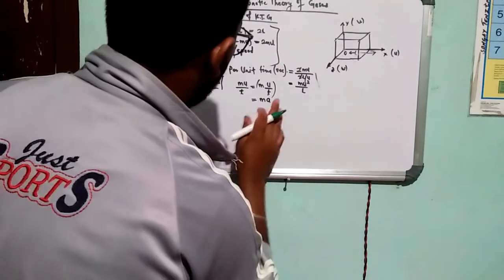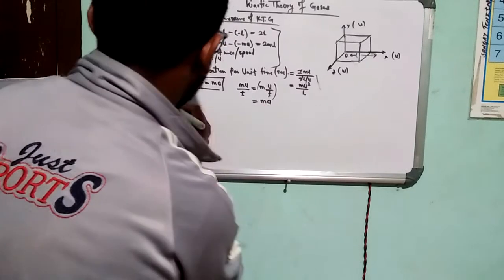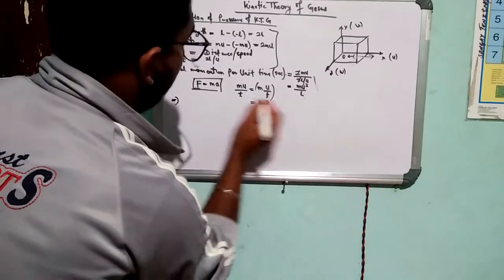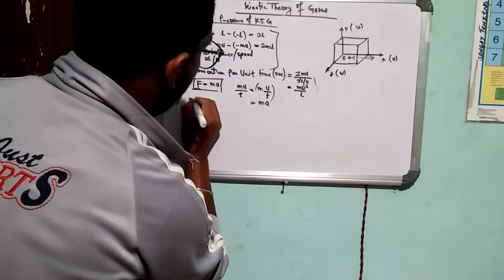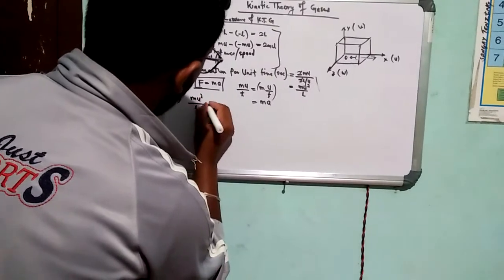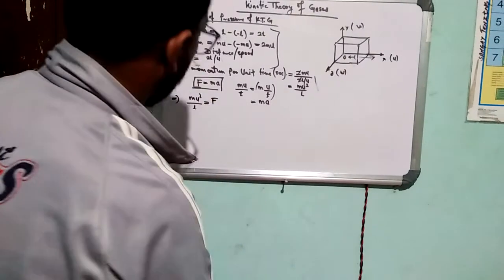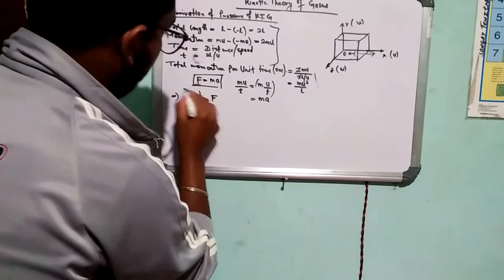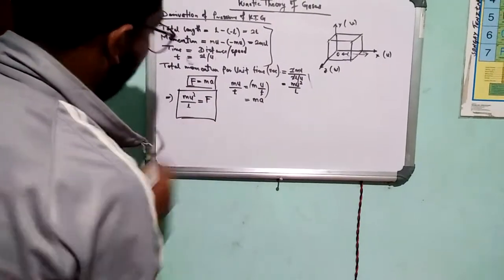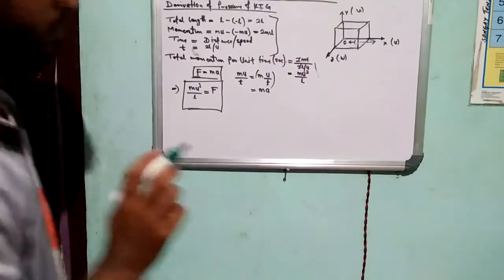So this we can write, that is m u square by l is equal to force.